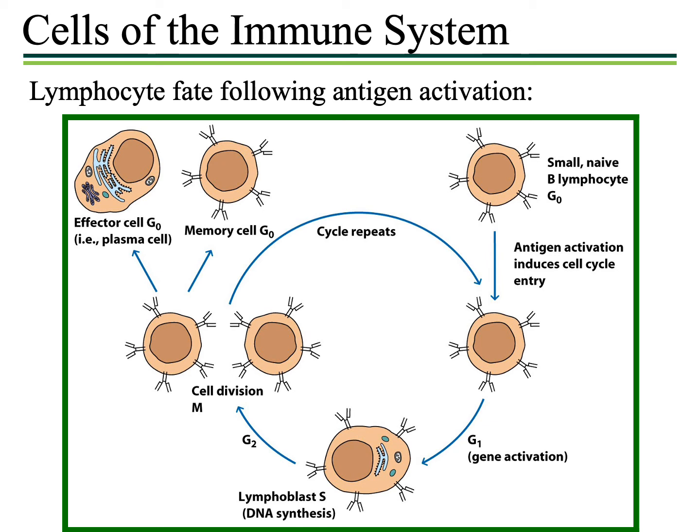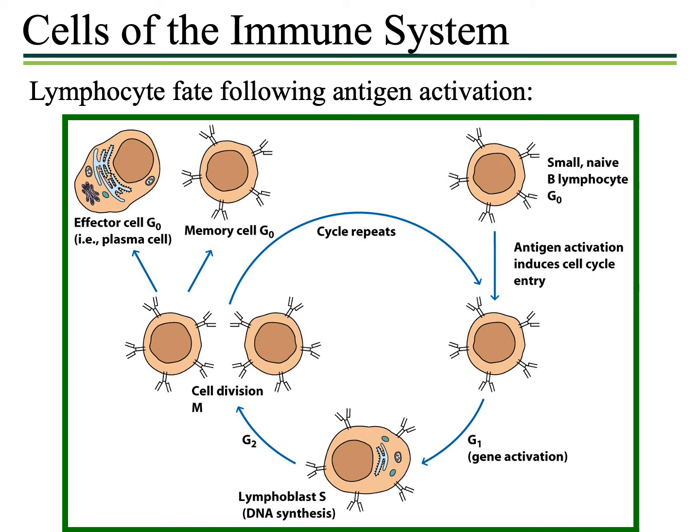A naive lymphocyte, B cell or T cell, is a type of cell that has not yet interacted with any type of antigen. An antigen can be something that is part of a pathogen or secreted by a pathogen that can be recognized and interacted with one of these receptors. So again, a naive B cell or a T cell has not come in contact with any type of antigen just yet.